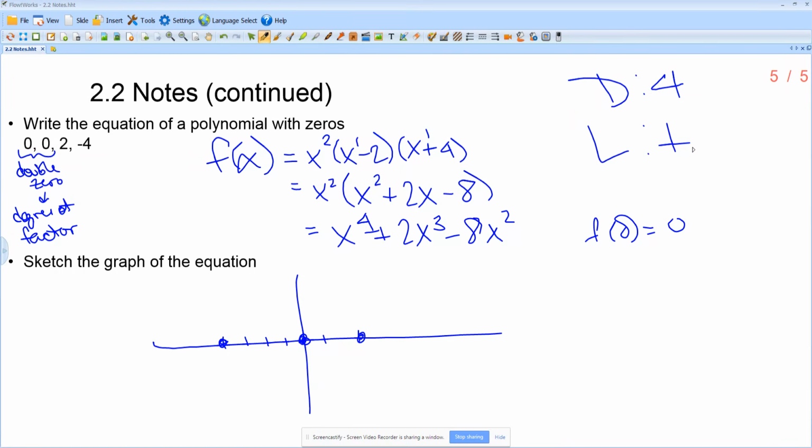Degree of 4, leading coefficient positive, means I have some parabola or parabola-looking thing. Where the 0, I do not cross through. So I have to fall right here, or I have to decrease right here, cross through that point, come up to 0, not cross through it because it's a multiplicity of 2, come back down and go back up. And that would be a little bit smoother. So I got that W looking shape again.